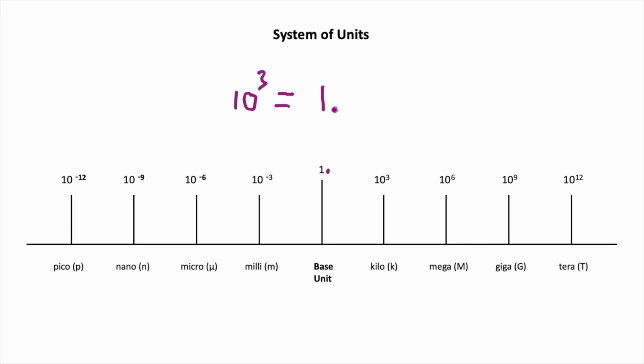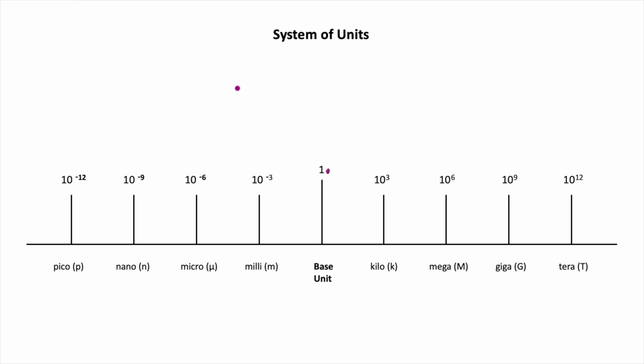So if we have our base unit and we say our decimal is going to move 3 places to the right, then we add a 0 every time it moves. So we add 1 0 because it's going to move 1 place to the right, 2 places to the right, and 3 places to the right, which is the same thing as just saying 1,000.